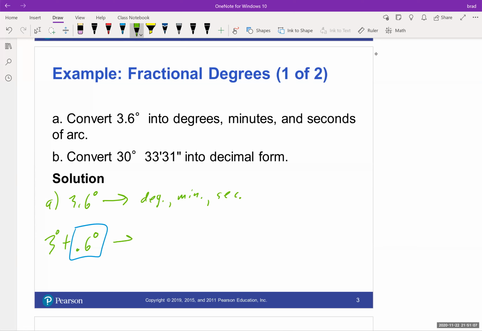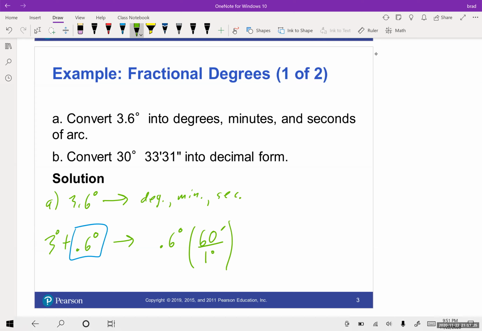So we're going to take this 0.6 degrees and multiply it by 60 minutes over 1 degree. Or you could just think of it as multiplying it by 60. But you see the degree symbol?